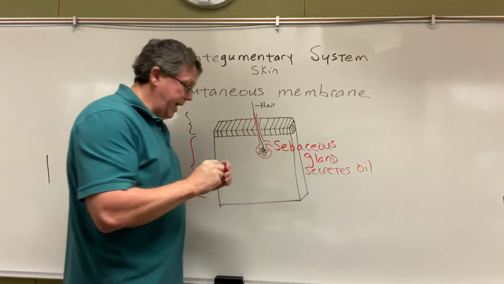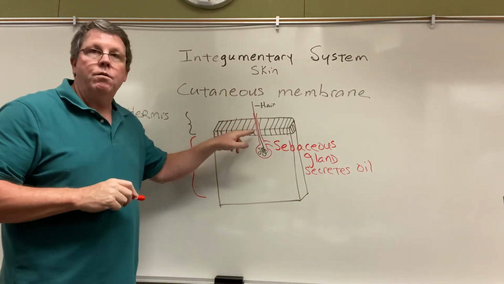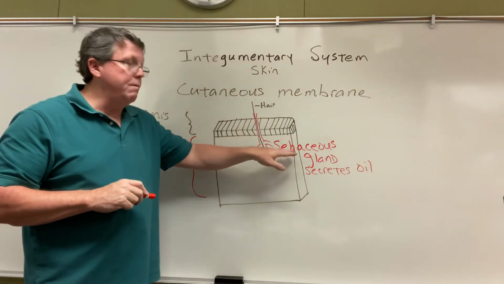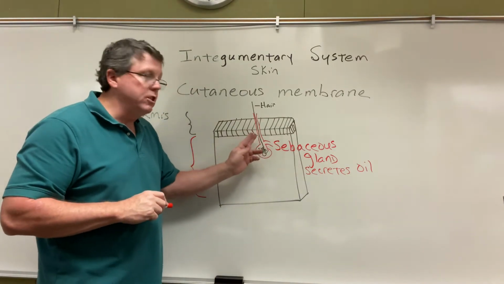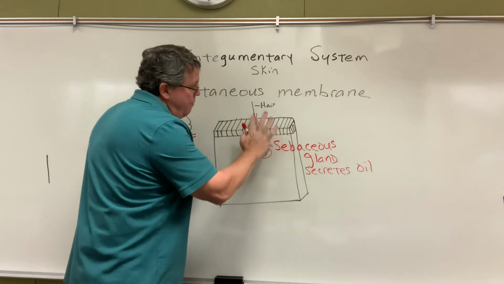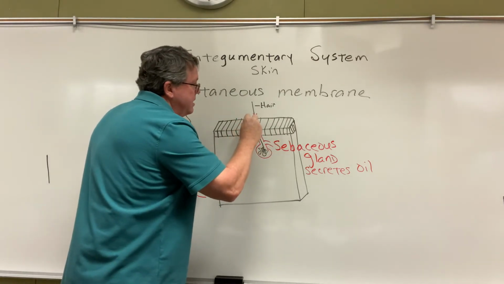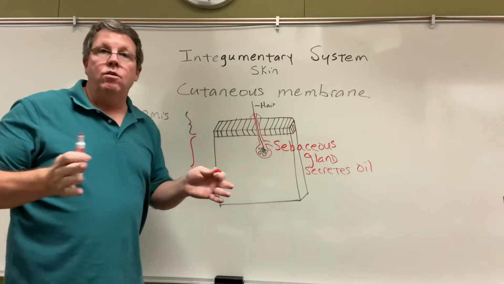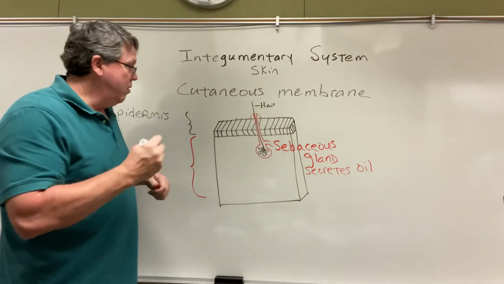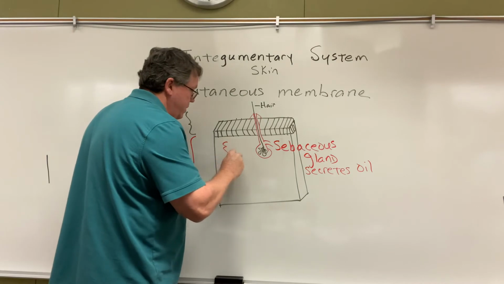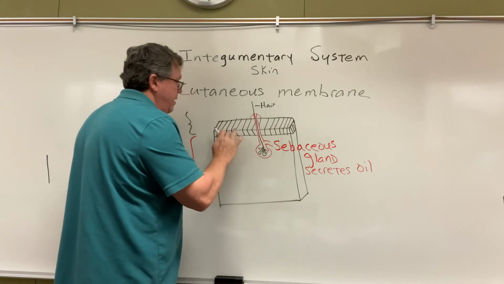Now, an interesting fact is if this hair follicle becomes clogged, what happens is your sebaceous gland continues to produce oil and it builds up and it starts to push up against this, which causes the skin to rise, and that's known as acne. Okay. The other thing we have in here is you're going to have some sweat glands that are in here also.